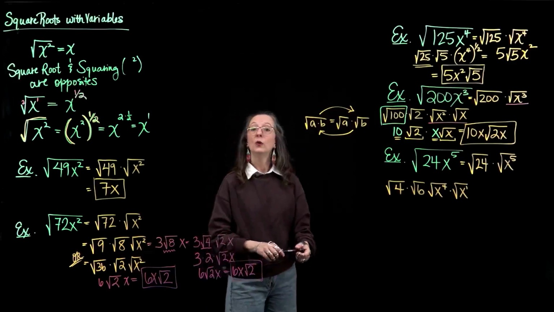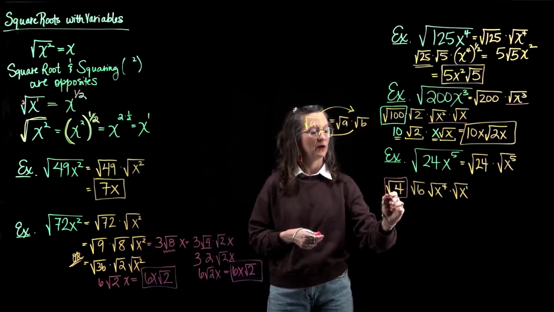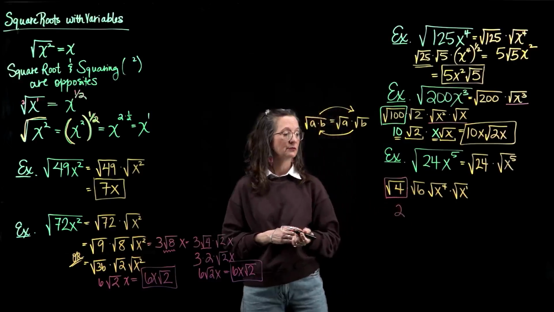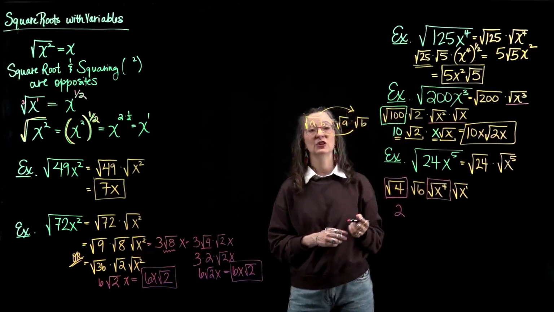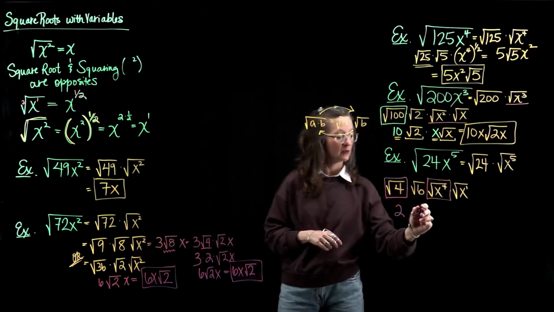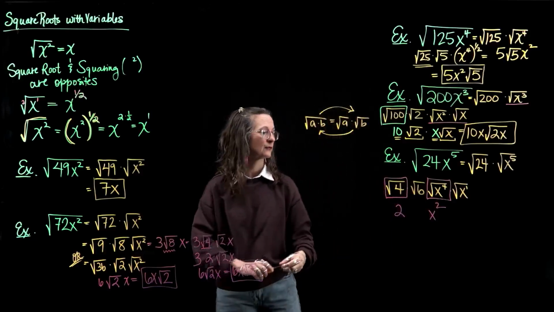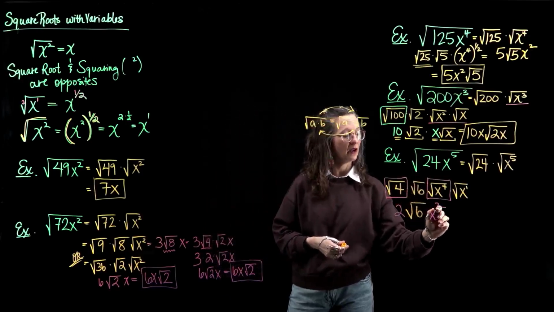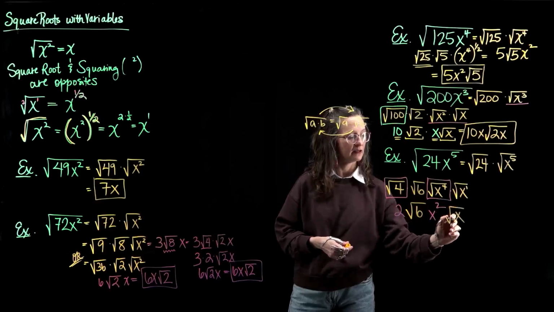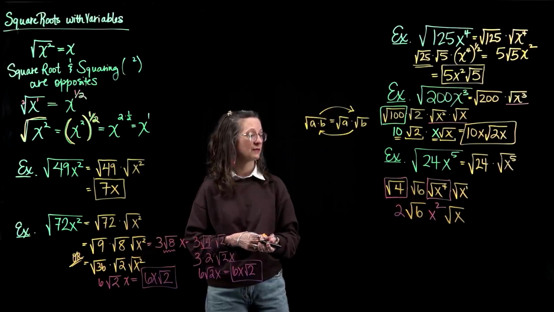So let's see what we can evaluate. The square root of 4 will just be 2. The square root of x to the 4th, just like above, is going to be x squared. And then we'll pull down the pieces that cannot be simplified. That's the square root of 6 and the square root of x.